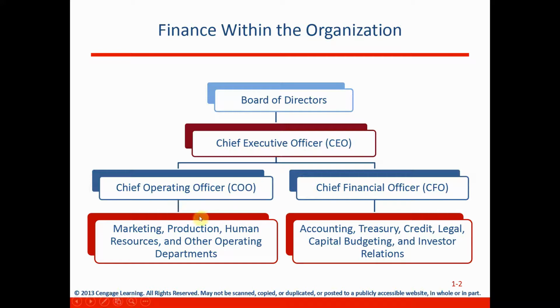Under the CEO, you have the COO, Chief Operating Officer, and you have the CFO, the Chief Financial Officer. The operation is like the muscles and the bones of a human body, and the finances of a company are like the blood of a human body.